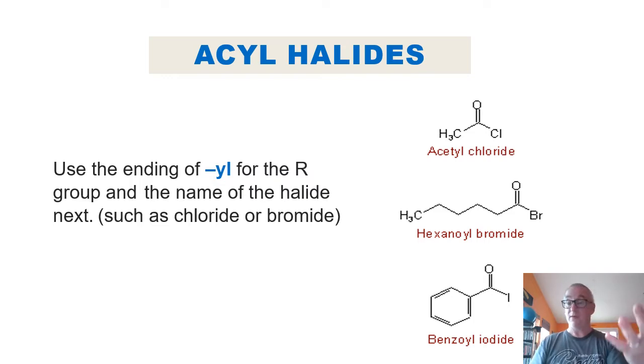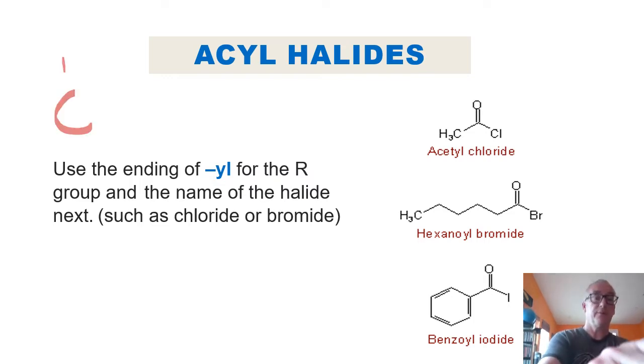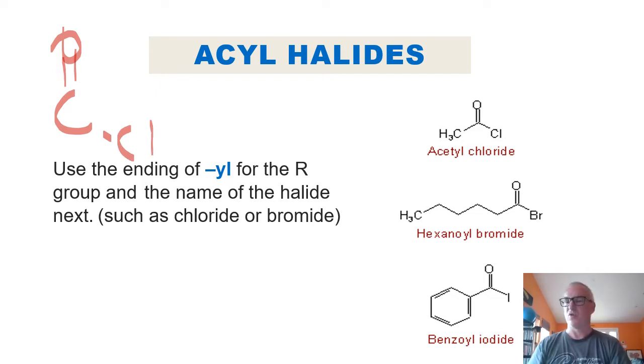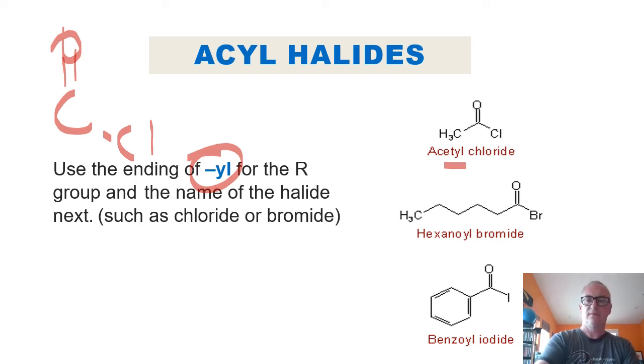Halides, now remember, halides have the carboxylic group, but the OH has been kicked out and replaced with one of the halogens, like chlorine, for instance. So we just put YL at the end of the R group, so acetyl chloride or hexanoyl bromide.